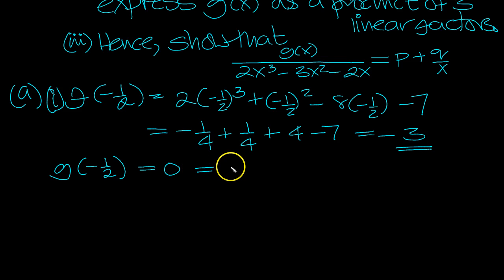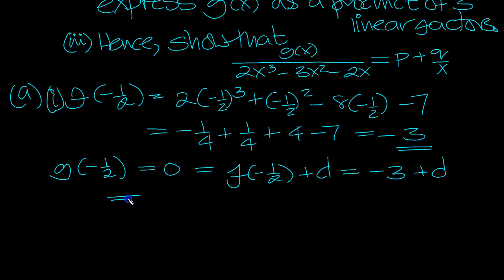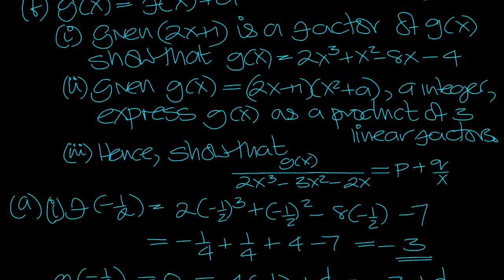It was f of x, so f of minus a half, let's put it in, plus d, which equals f of minus a half, which is minus 3, we just worked that out above, plus d. So that tells us that d is equal to 3, because this is equal to 0, isn't it? Because 2x plus 1 is a factor. So we've got that then.